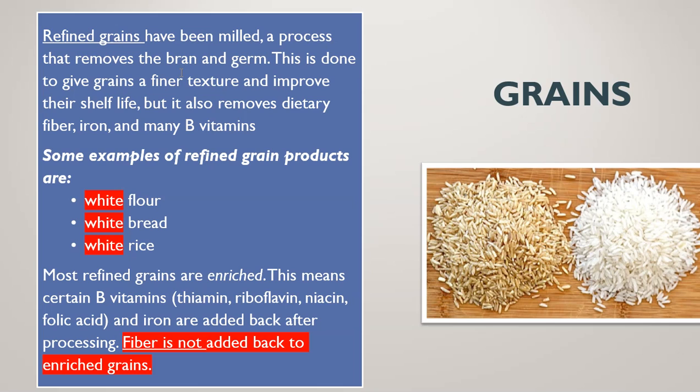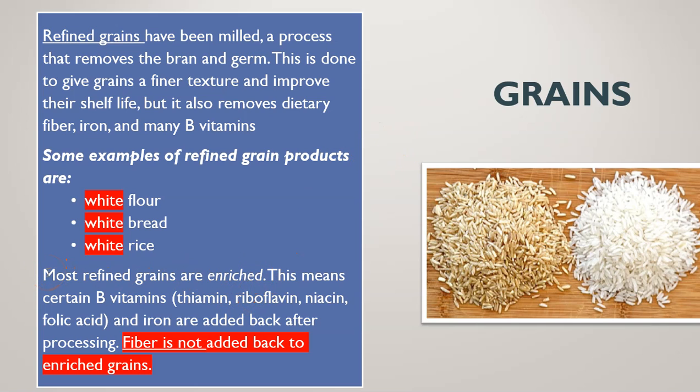A problem, though, with the refined grains is that when they go through that process of milling, the fiber is removed, the iron's removed, and a lot of the B vitamins. So what's done next is those grains get enriched, and enrichment is discussed right through here.